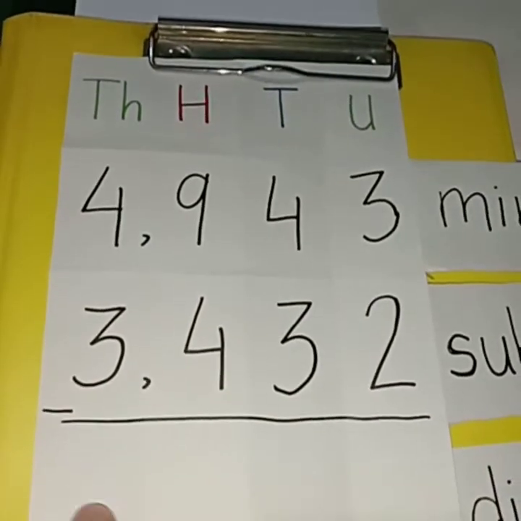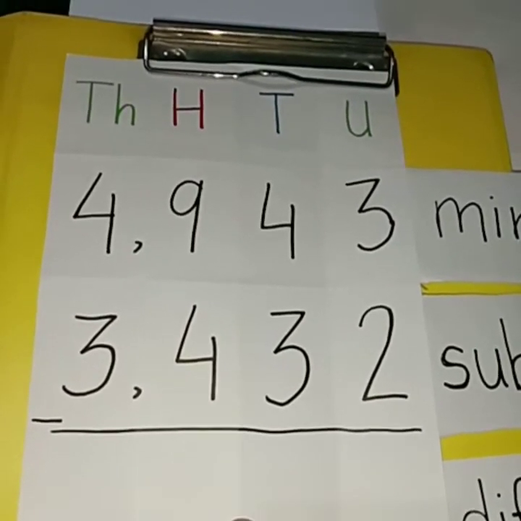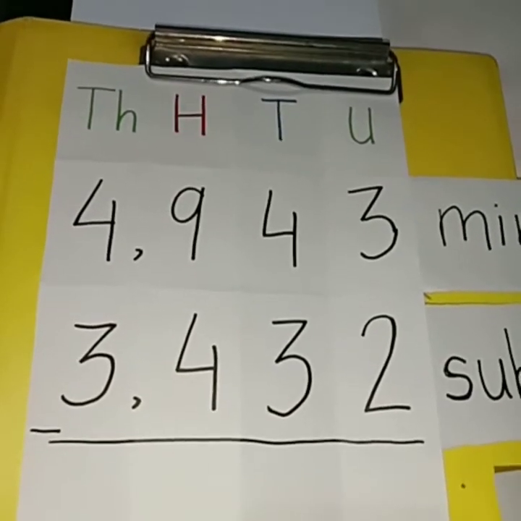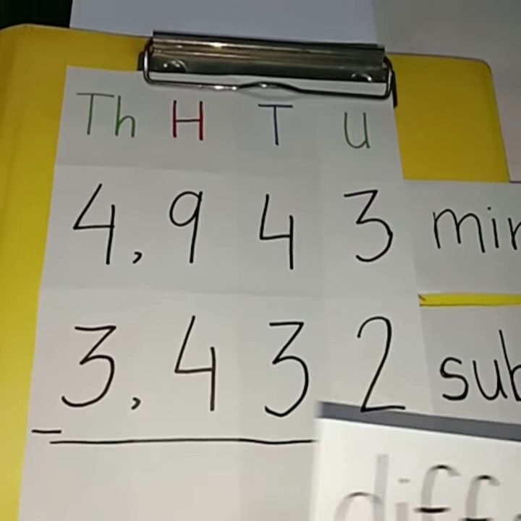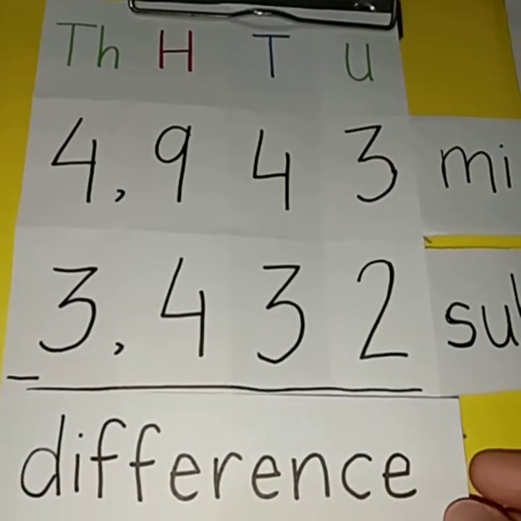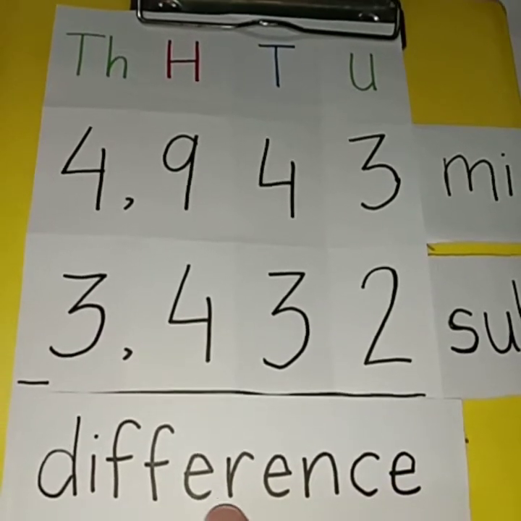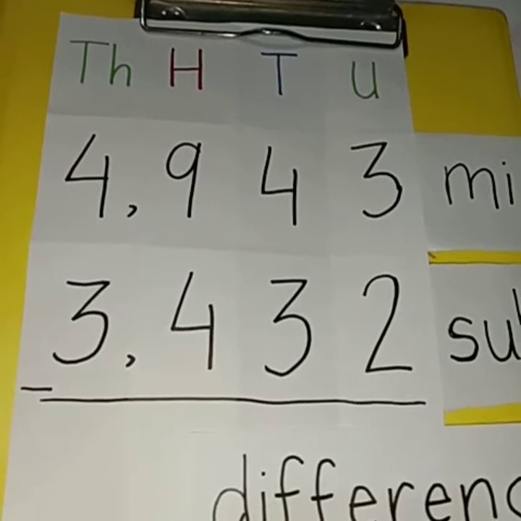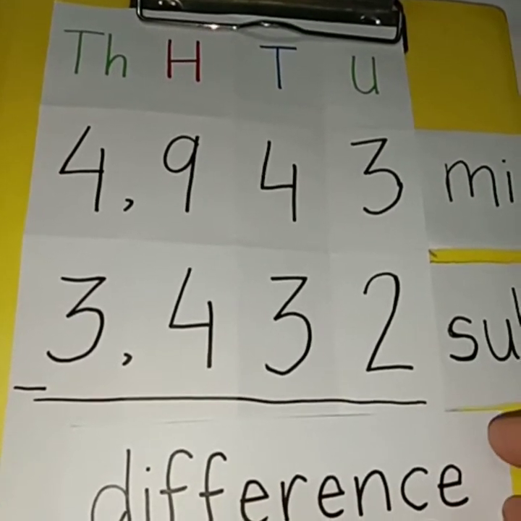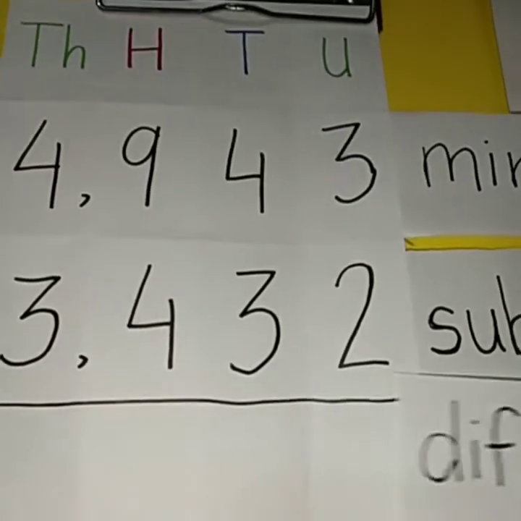And then this empty section here is the place for our answer later on. And the answer from the subtraction operation is called the difference. Some people call it the remainder, but some people also call it the difference. Remainder or difference, they both are the same actually.